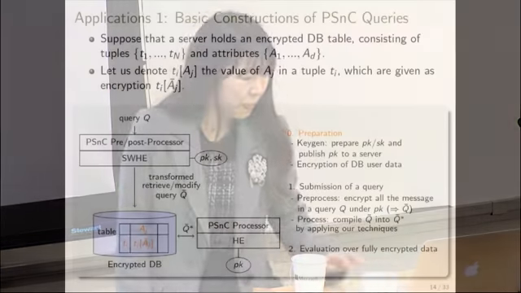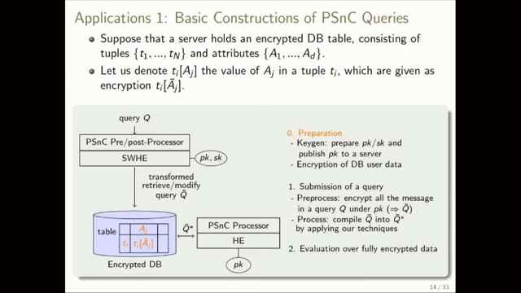Then for the preparation step, the DB user prepares a public key and secret key of homomorphic encryption, publishes the public key to a server, and then encrypts their data and stores it in the encrypted database.